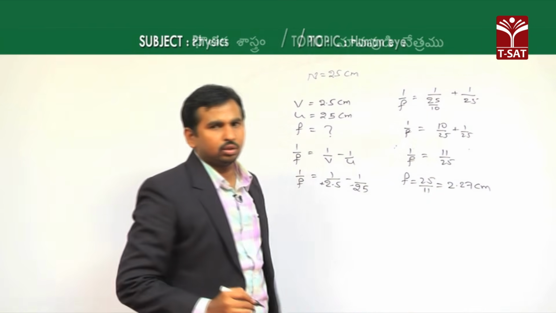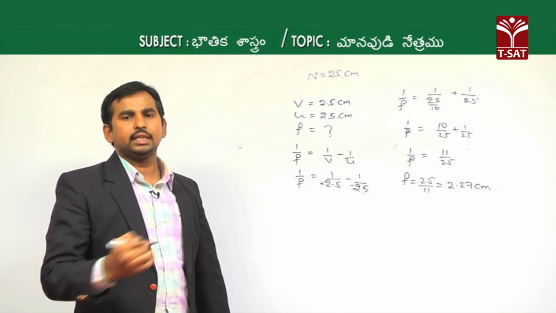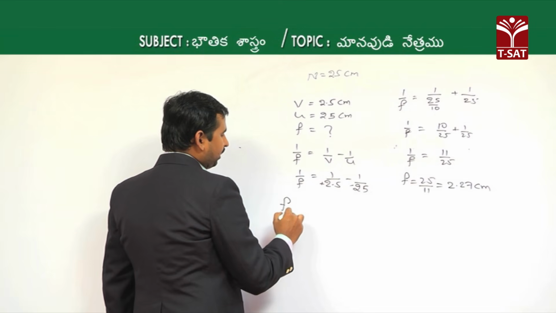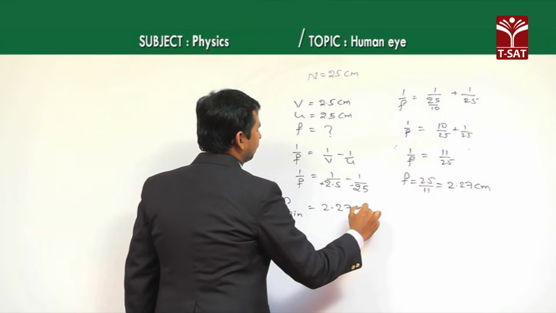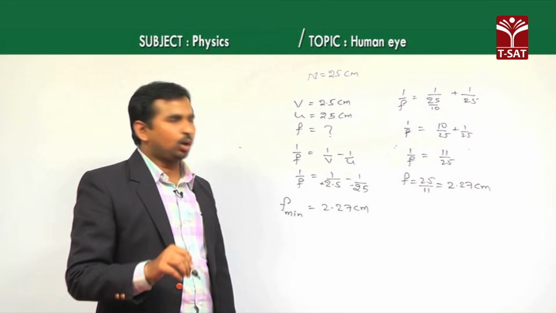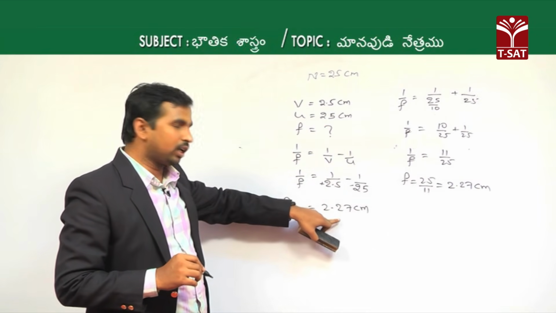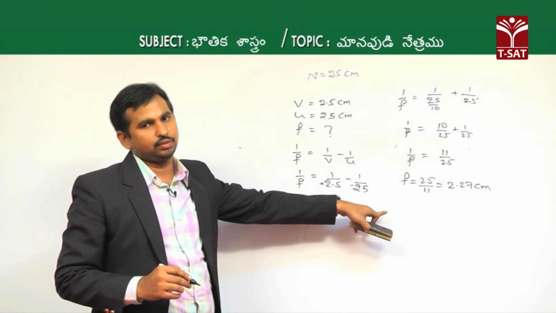So, this is the focal length required whenever you are seeing the near distant objects. The minimum focal length required is 2.27 centimeters. So, whenever you are seeing the object placed at 25 centimeters, the focal length adjusted by our ciliary muscles is 2.27 centimeters.